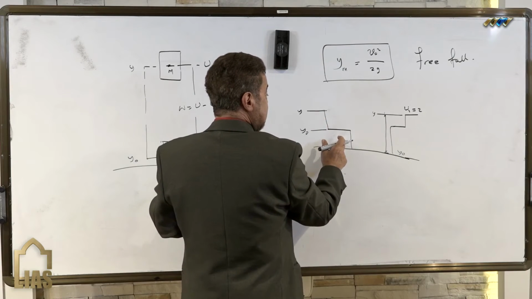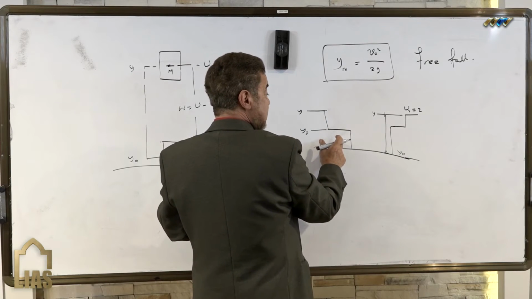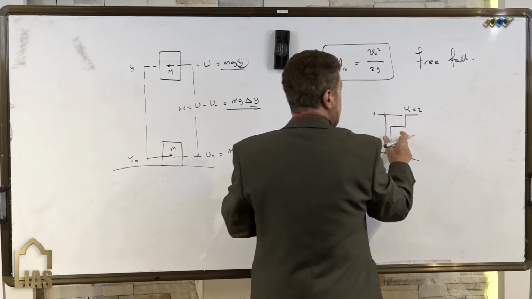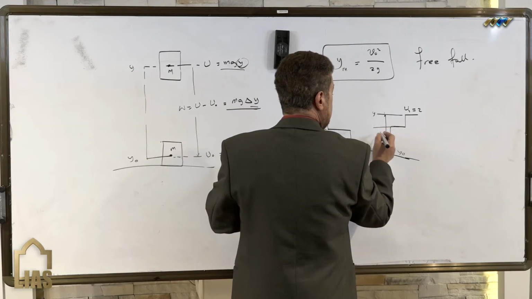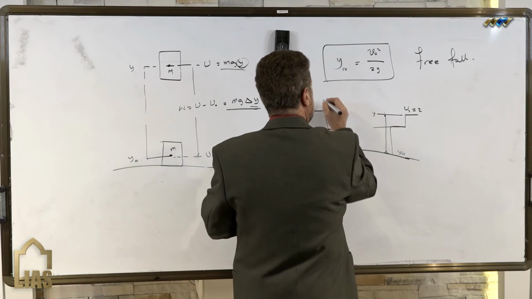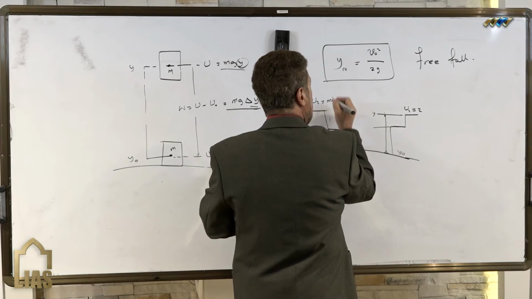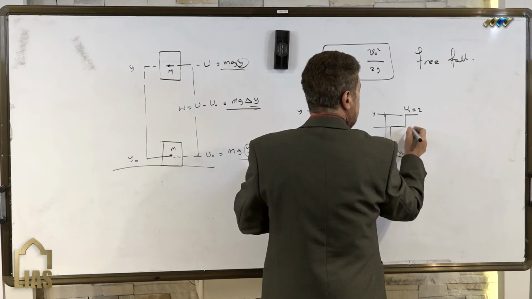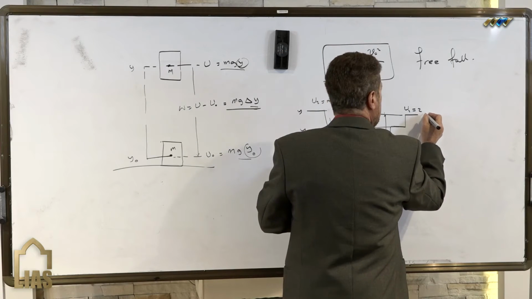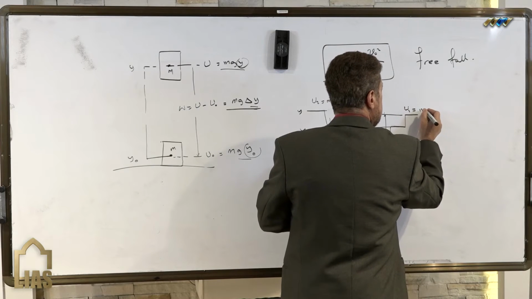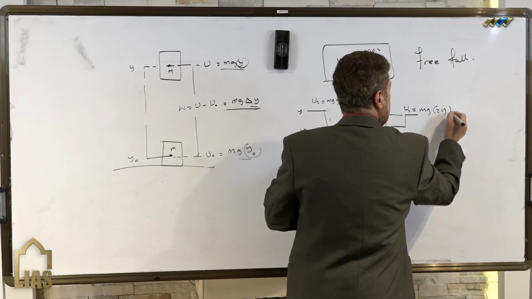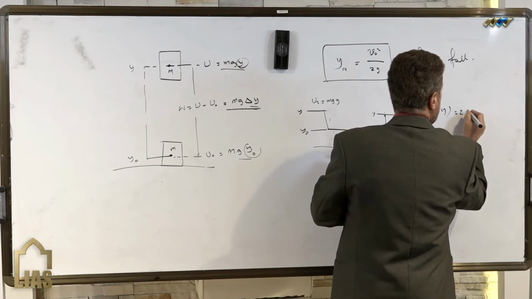These distances or elevations are the same. As we say here, this is 1, and U2 here is equal to mg1y, and here is mg2y. That's why they give you the 2mgy.